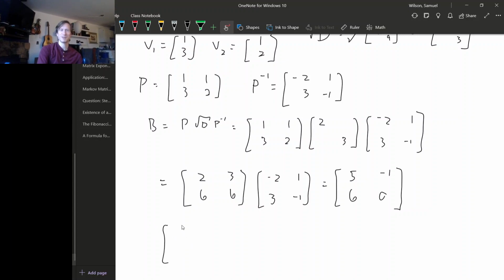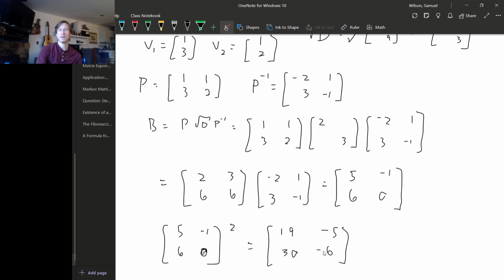Of course, the proof of the pudding is in the eating, so let's square it and see if we get back to our original matrix. Multiplying this matrix by itself, we get, let's see, 25 minus 6, so 19, and then 30, and then up here we got -5 and -6.